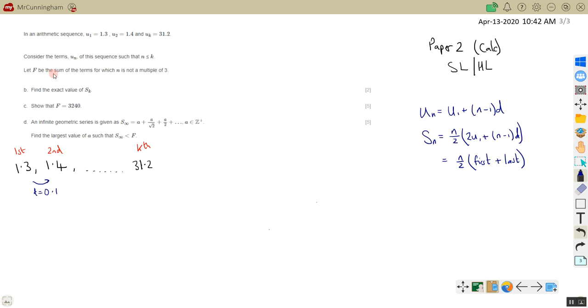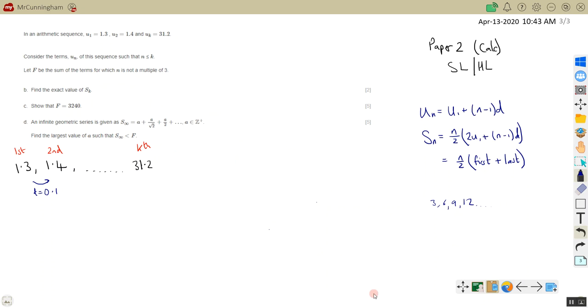Let f be the sum of the terms for which n is not a multiple of 3. Okay, so if it's not a multiple of 3, then it can't be 3, 6, 9. Those are all multiples of 3. So f is the sum of the terms which can't be one of these numbers, a multiple of 3.